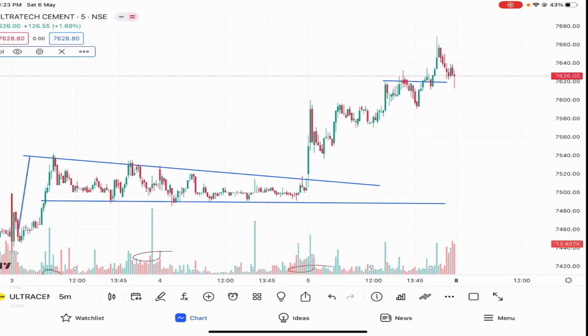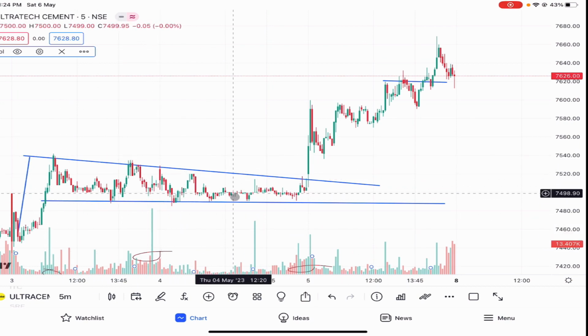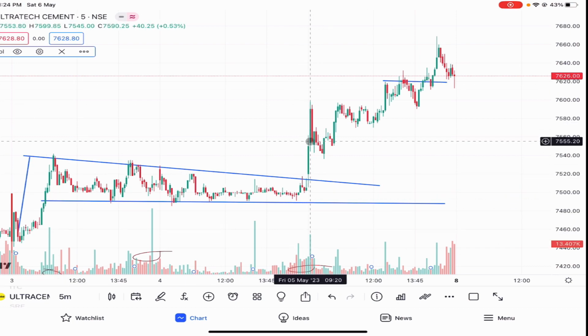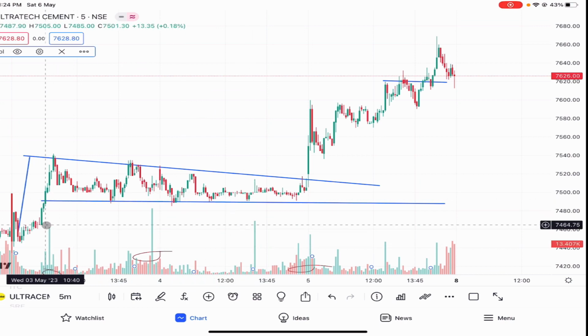If the breakout had low volumes, that would mean that the breakout is false and the price would have just come down suddenly. But then I was sure of this. Why was I sure of it? Again, the time spent: the price spent a lot of time between this range, and suddenly it broke out, and I could see that big players were accumulating their shares over here. That's why the volumes were big.